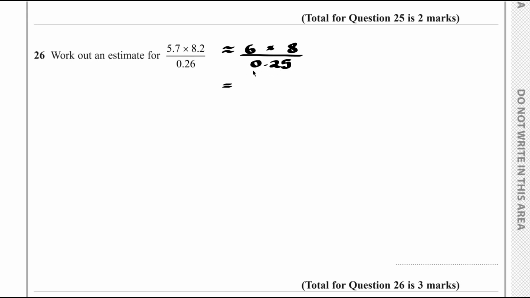So let's work this out. 6 times 8, that's 48, and I'm dividing this by 0.25. Now dividing something by 0.25 is the same as dividing by a quarter, which is the same as multiplying by 4. So we've got 48 multiplied by 4, which is 192. So an estimate for this calculation is 192.